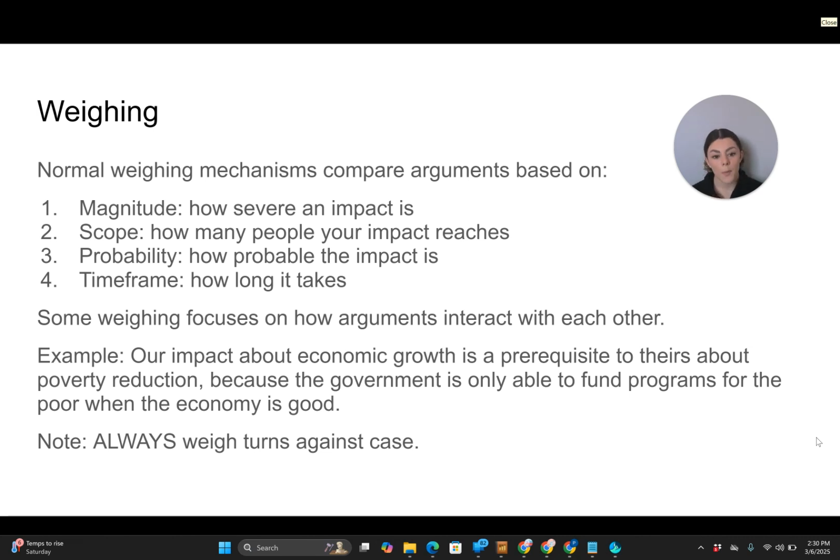Probability. So how probable the impact really is. A lot of people, not specifically in big questions, but when you choose some other debate topics such as public forum, policy, Lincoln Douglas, a lot of teams or individuals will impact out to nuclear war, the destruction of all mankind. You could say, again, the way I was talking about in rebuttals, Judge, this is not true because of blah, blah, blah.